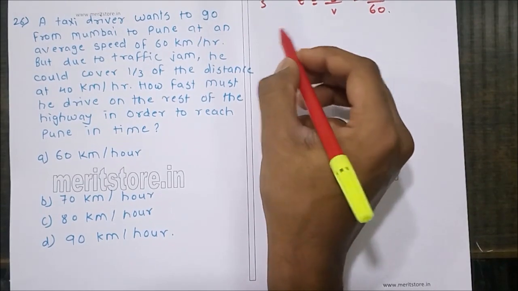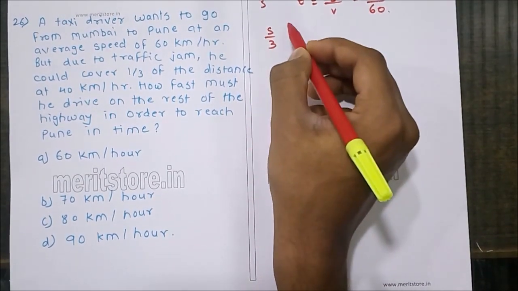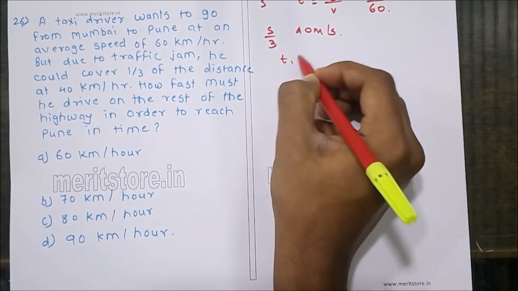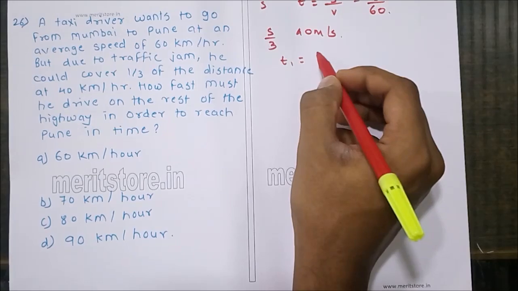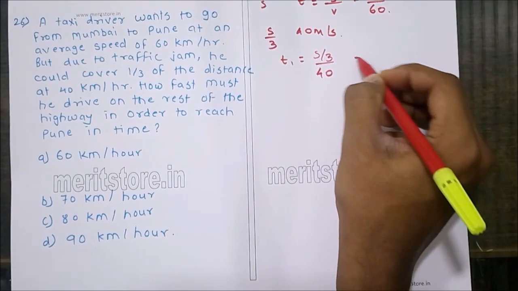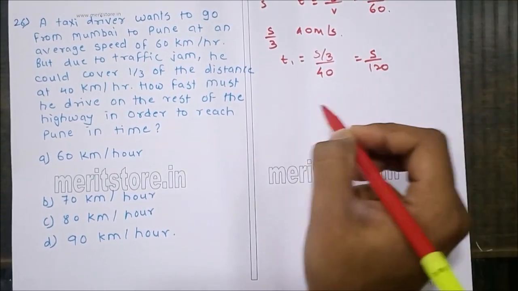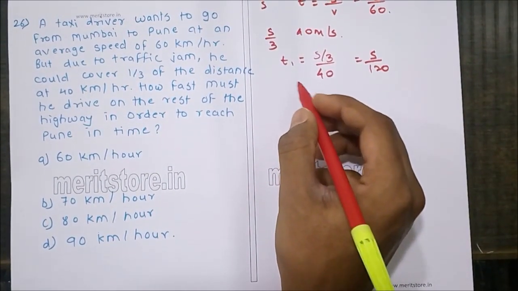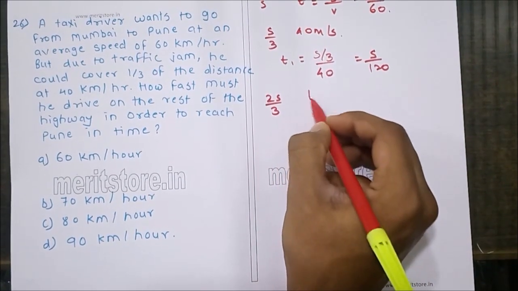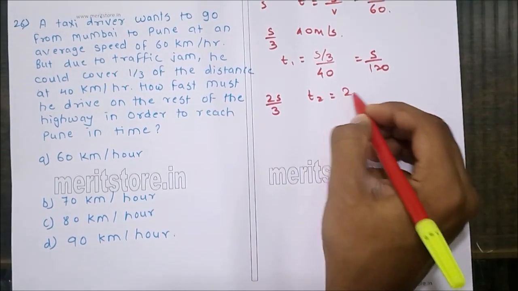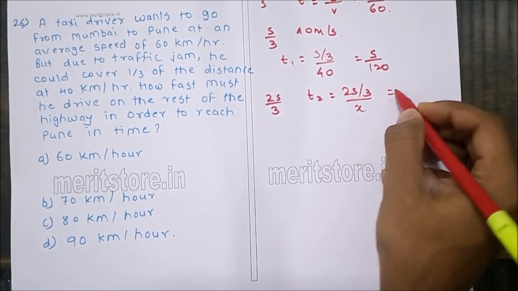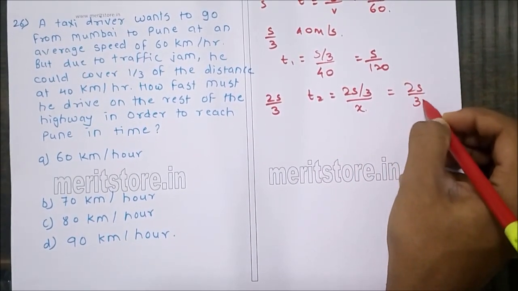So the desired time would be S by 60. But actually he travelled the distance of S by 3 at a speed of 40 km per hour. So the time for the first one-third of the journey is S by 3 divided by 40, which is nothing but S by 120. Now for the remaining two-thirds of the journey, the time taken would be T2 is equal to 2S by 3, and let the speed at which he has to travel be x. So it can be written as 2S upon 3x.